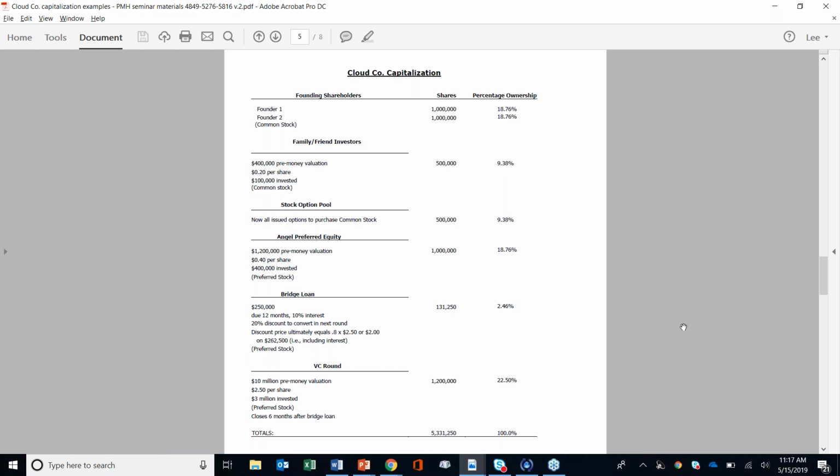Now, we do see some situations where a company can successfully have maybe more limited needs for money.